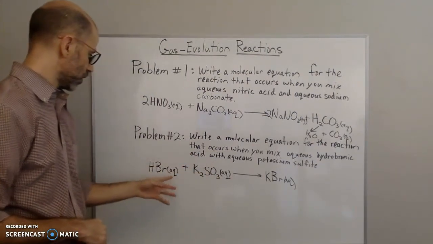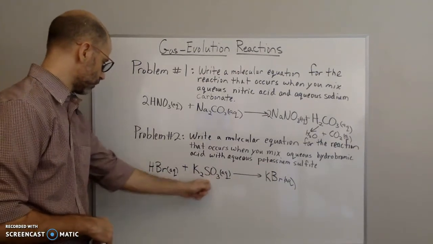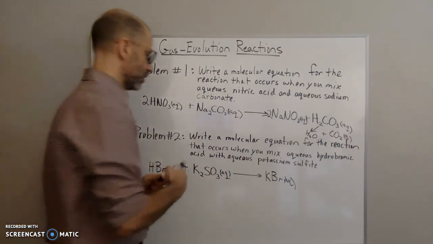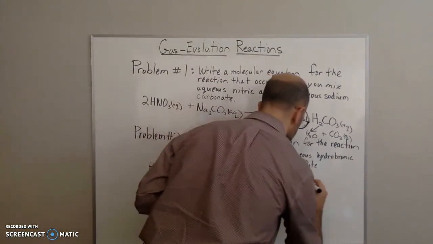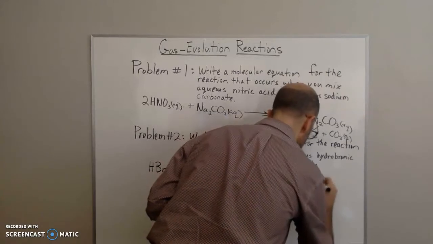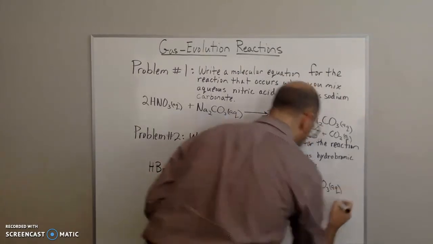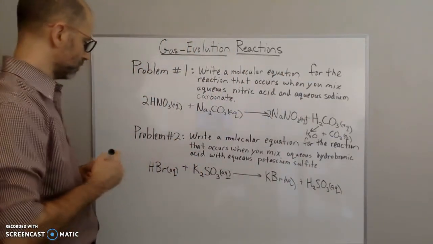Then here, we're going to put the sulfite and the hydrogen together, and that's going to make my sulfurous acid, H2SO3, and that's going to be aqueous as well because it's an acid.